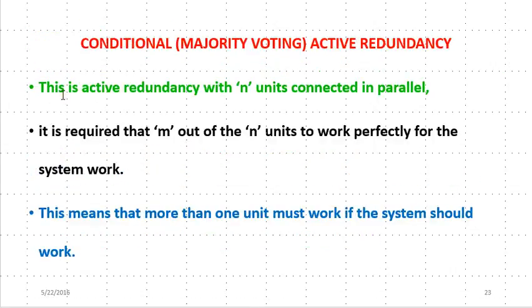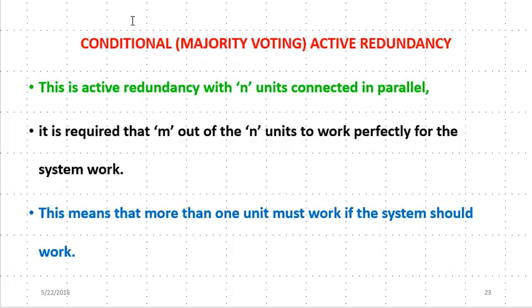Then the other class of active redundancy is called conditional active redundancy, or sometimes majority voting. This is an active redundancy where we have n units connected in parallel, but it is necessary that out of this n we need m, where m should be greater than 1.